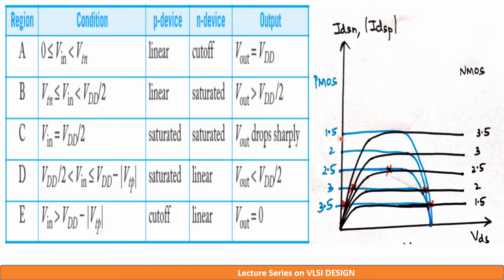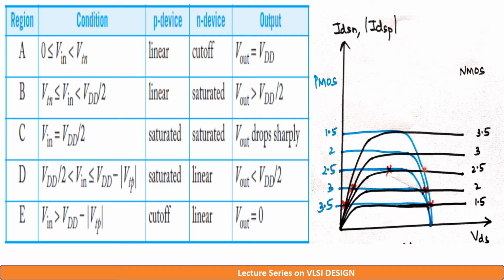For PMOS, VGS is Vin minus VDD. If my input is 1.5, VGS for PMOS is 1.5 minus VDD, that is 3.5 in magnitude. Similarly, if my input is 2, VGS for PMOS is 2 minus 5, that is 3, neglecting the negative sign.